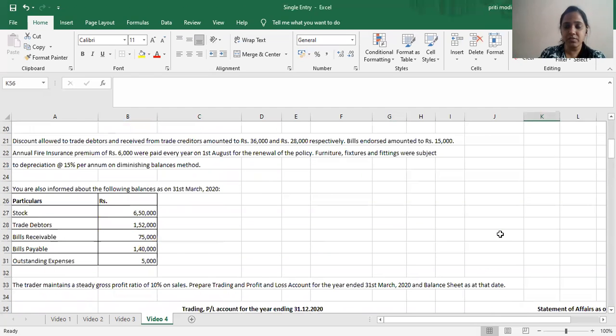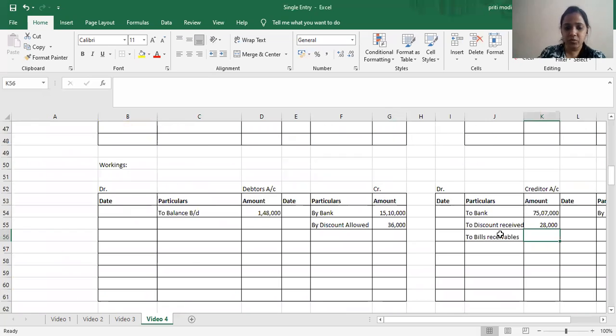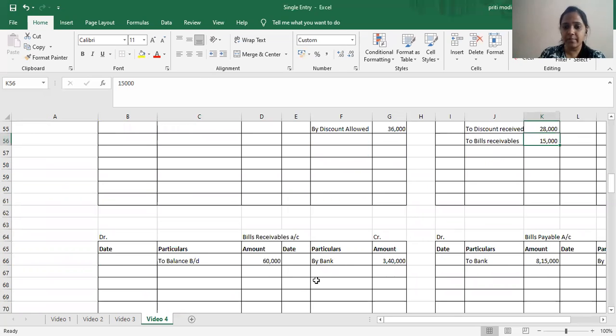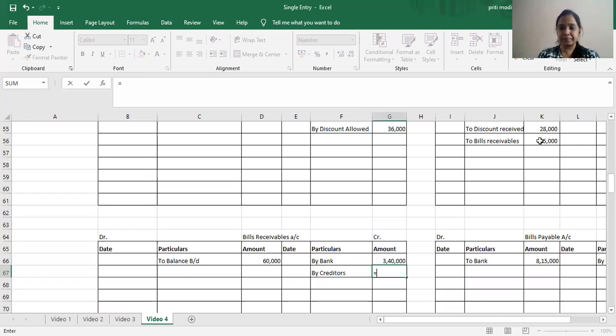Bills endorsement is 15,000 rupees. This is the bills endorsed, and in the bills receivable it will come as by creditors, 15,000 rupees. Fine, this is also done.